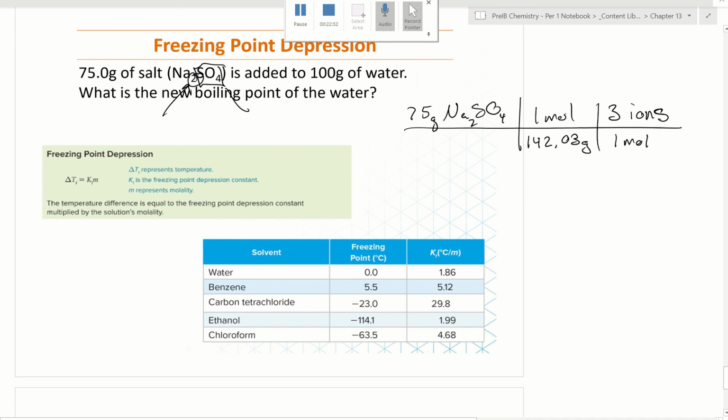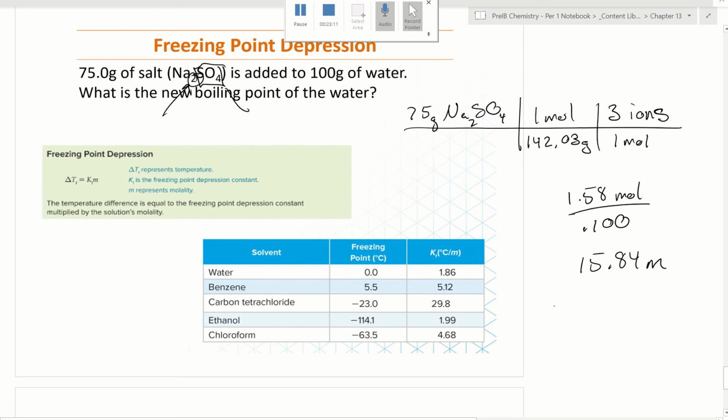So 75 divided by the molar mass times 3 tells me it's 1.58 moles, divided by my 0.100 kilograms gives me 15.84 molal.